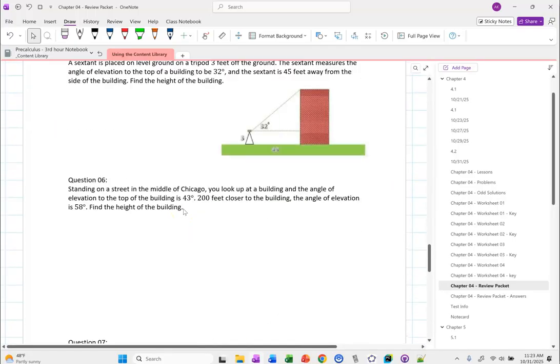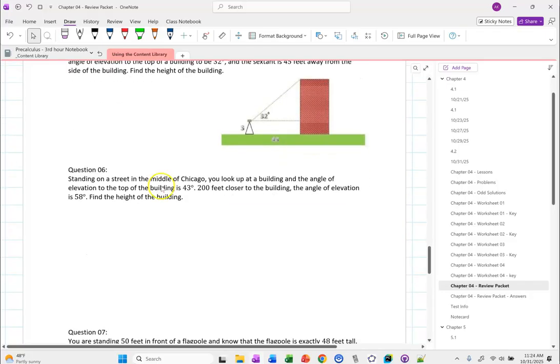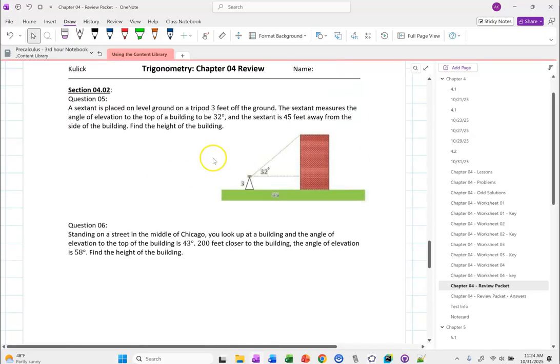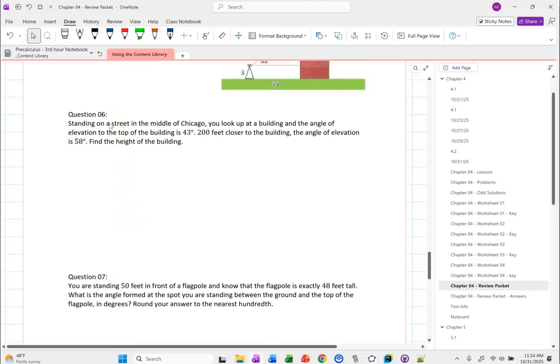So if we look at questions 5 through 7, 5 feels pretty standard. 6 and 7 are those similar systems of equation setups, where you'll have to build a system of 2 equations to solve, like we did on that long example in the notes last time.